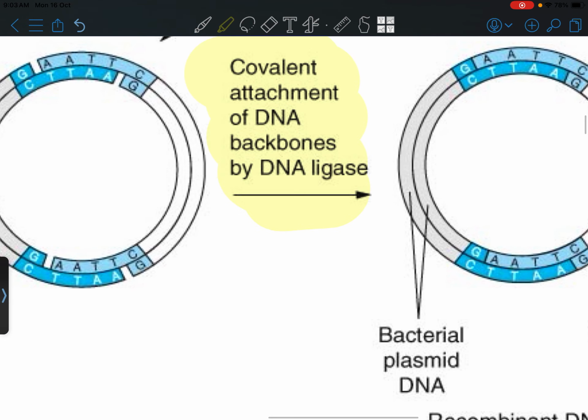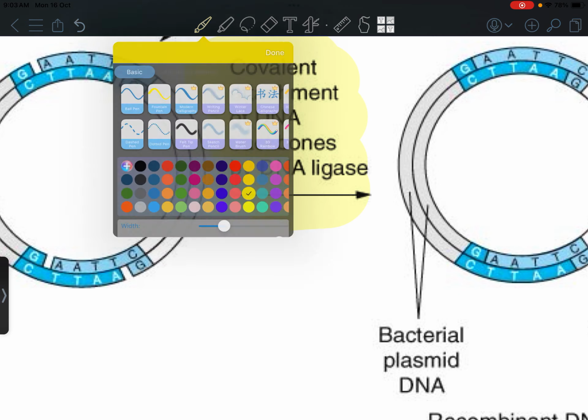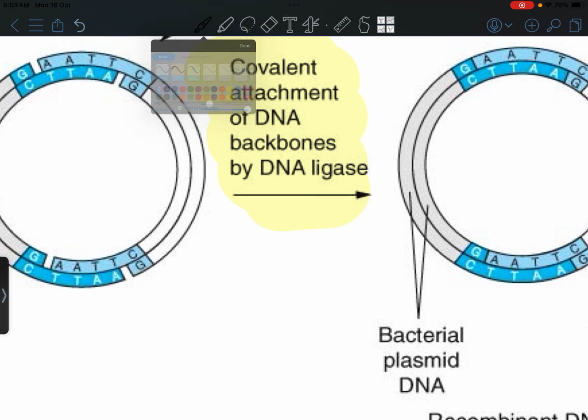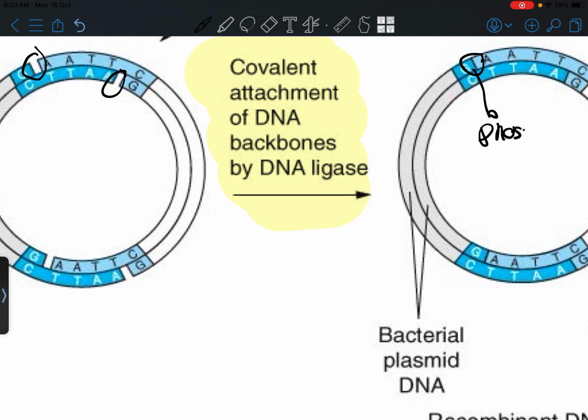It will seal these gaps, will make phosphodiester bonds, causing the formation of what? A stable plasmid. This is unstable, which means at any point, this fragment could go out of the plasmid. But if we add the DNA ligase, now we have what? A circular plasmid. Okay?